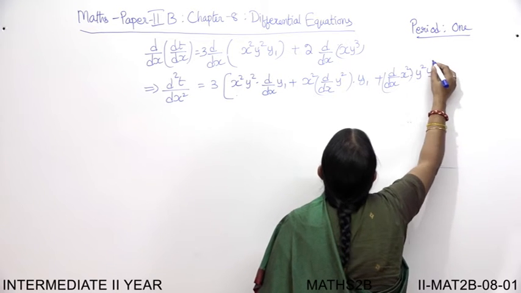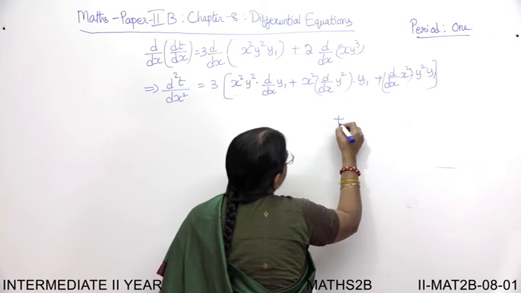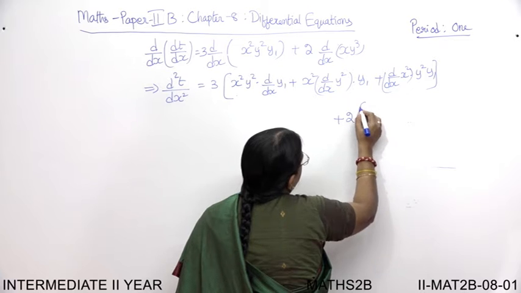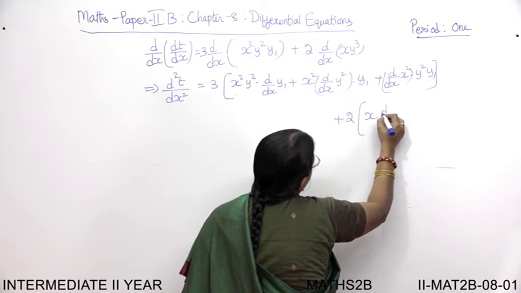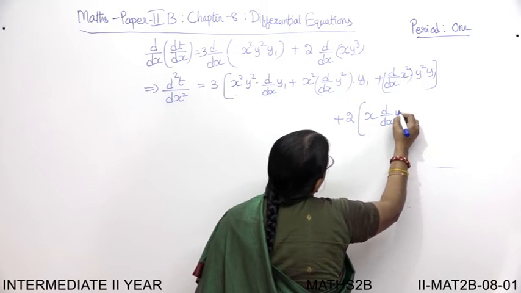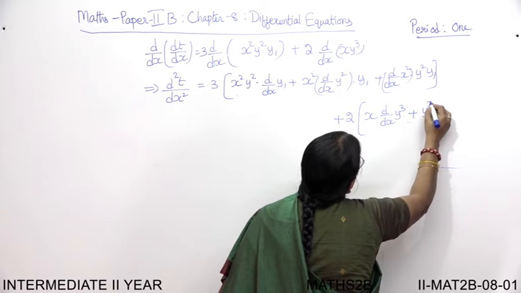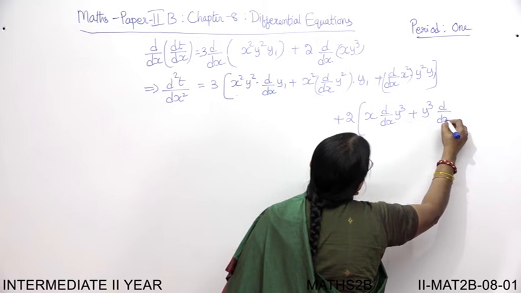Plus 2 into x into d by dx of y cube plus y cube into d by dx of x.